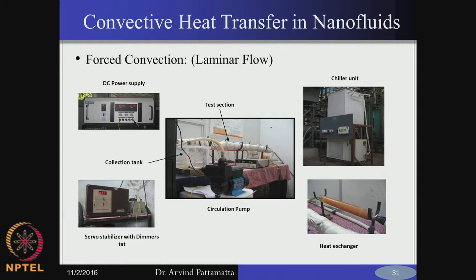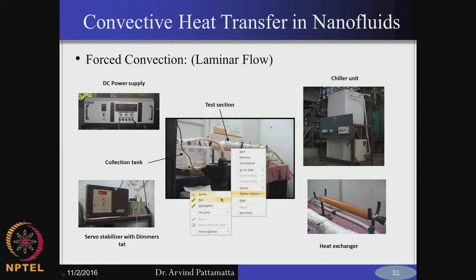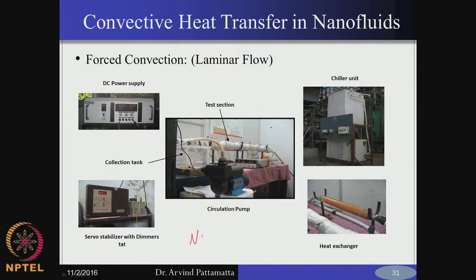Because if you define Nusselt number, so if you say h is nothing but heat flux divided by T wall minus T m, this is your bulk temperature or bulk mean temperature. So your Nusselt number now becomes h x by k, and this q at the wall is nothing but minus k dT by dy, say at y equal to 0.